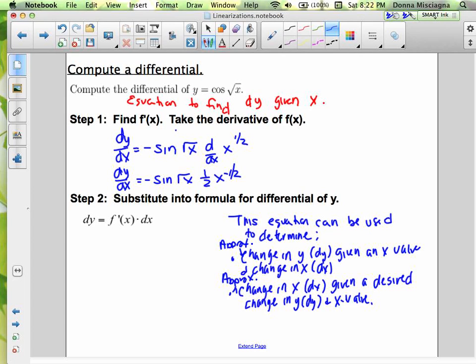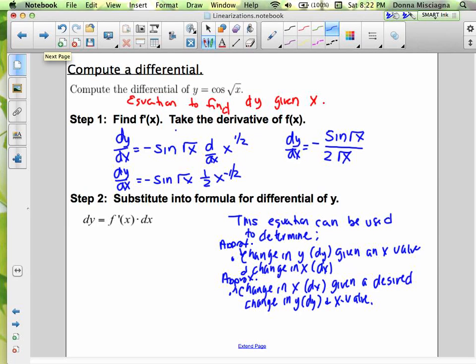Let's simplify that. Let's put the 2 and the x in the denominator, because that looks terrible behind. Actually, let's put the sine of the square root of x in the numerator, and then the 2 square root of x in the denominator.